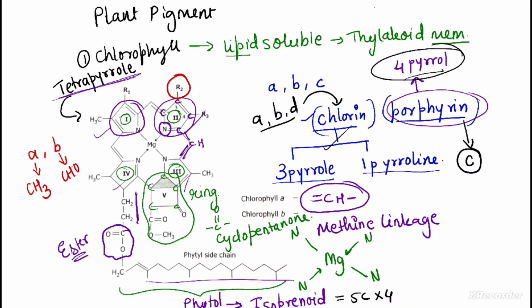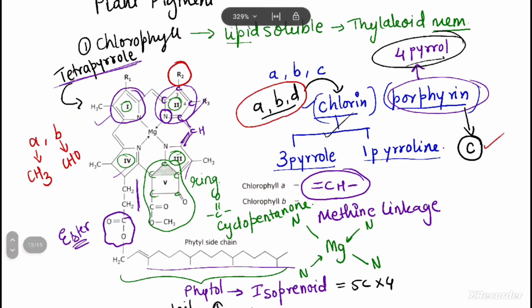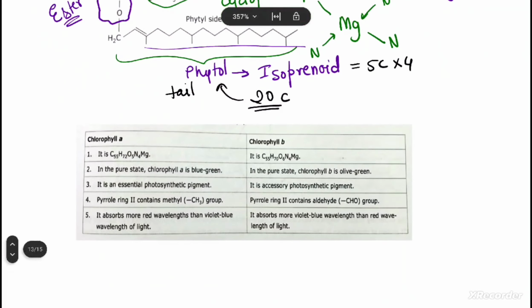Just remember that if there are 4 pyrrole rings, it's porphyrin, while if there are 3 pyrrole and 1 pyrroline, then it becomes a chlorin derivative. A, B, and D are chlorin derivatives, while chlorophyll C is a porphyrin derivative.